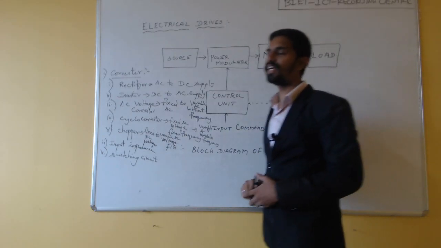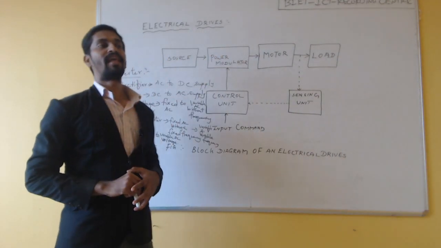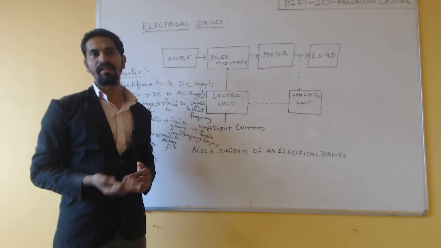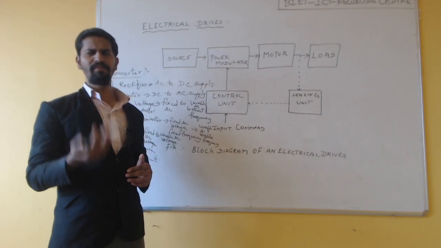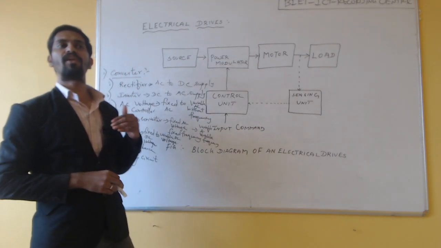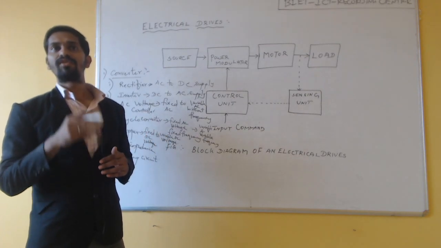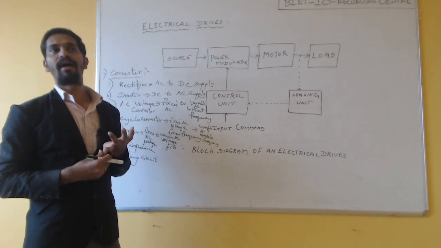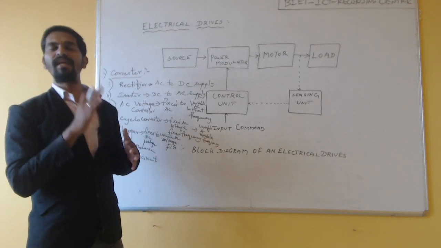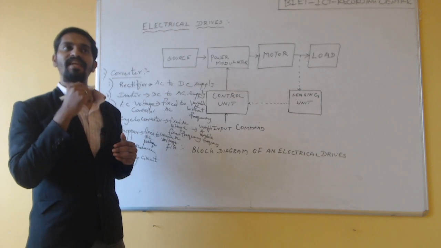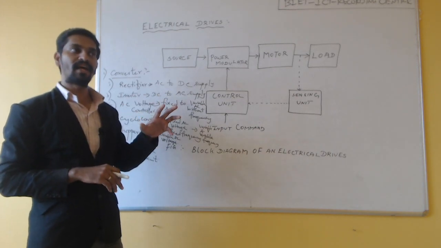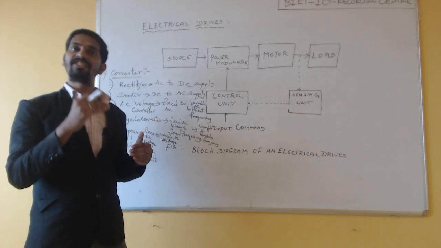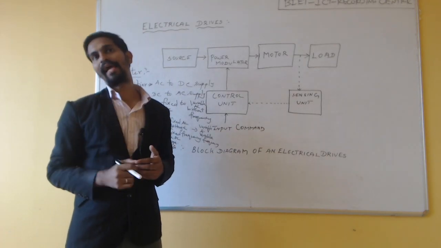What are the advantages of electrical drives? Electrical drives can be used in an environment-friendly application, since they do not pollute anything. They are very useful drives, and we can achieve four-quadrant operation and flexible speed control characteristics.